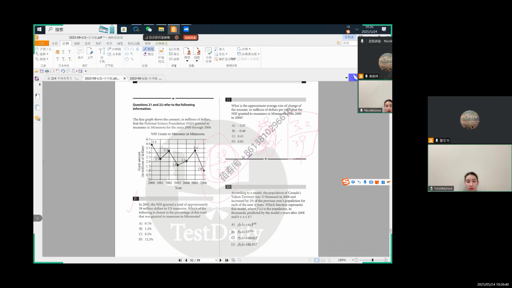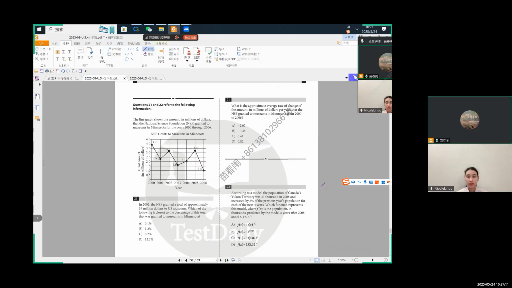So I was thinking between C and D. So I double checked to make sure it was Minnesota, not the U.S. museums. Oh, so we shouldn't use 3.9 anyway, right? Yeah, if you use 39 over 3.2, I can understand it. But if you use 3.9, you're totally off. Let's see, 22 is right.